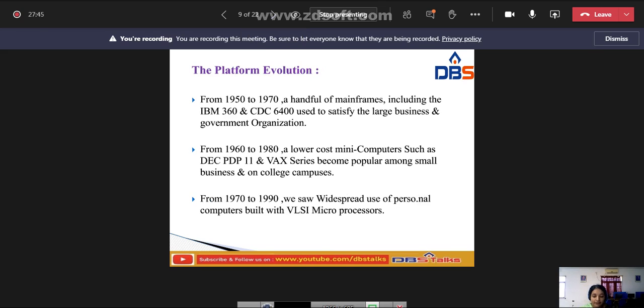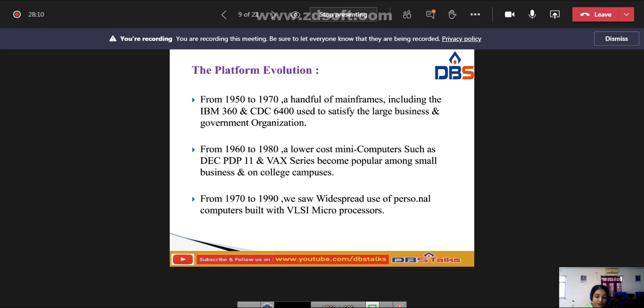Before going to explain this platform evolution, computer technology has gone through 5 generations of development, with each generation lasting from 10 to 20 years.